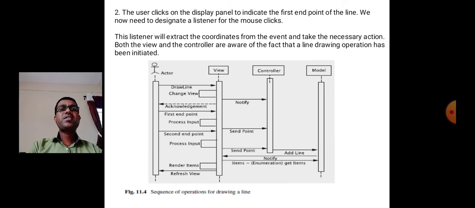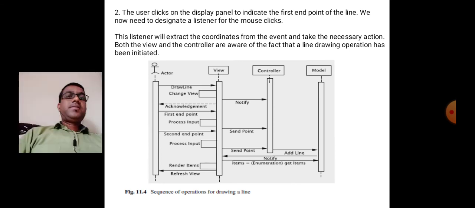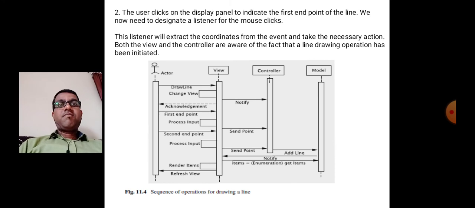Then next, the user clicks on the display panel to indicate the first endpoint of the line. We now need to designate a listener for the mouse click. This listener will extract the coordinates from the event and take the necessary action. Both the view and controller are aware of the fact that a line drawing operation has been initiated.